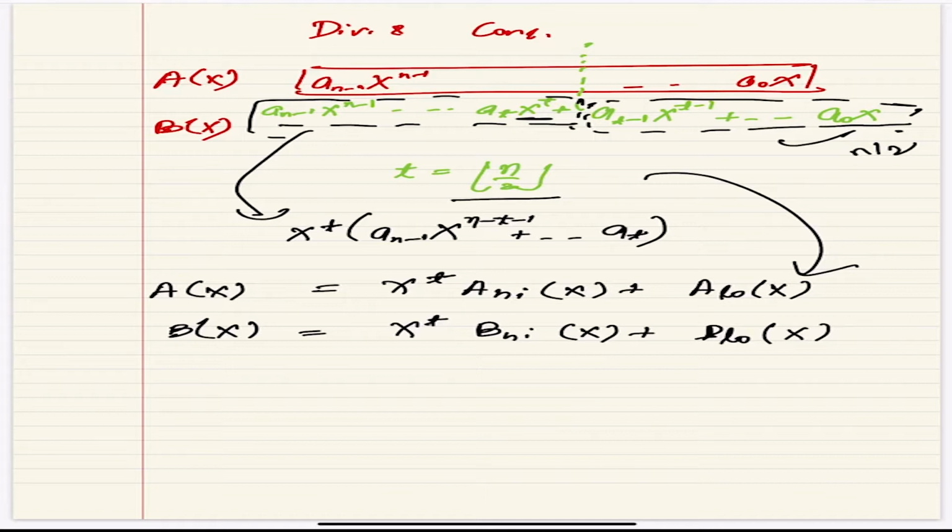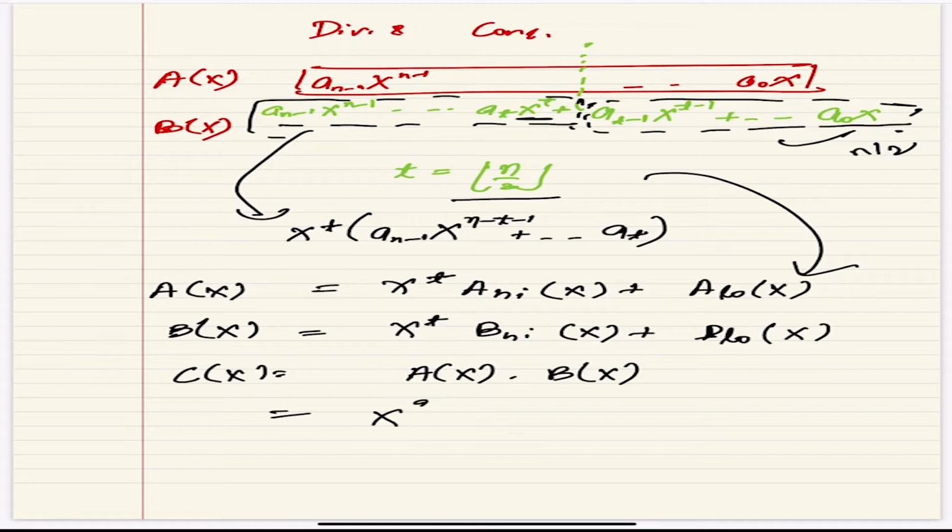Sure. So now, how can I write Cx in terms of Ax and Bx? So Cx is Ax times Bx. That will be, okay, let's multiply this.